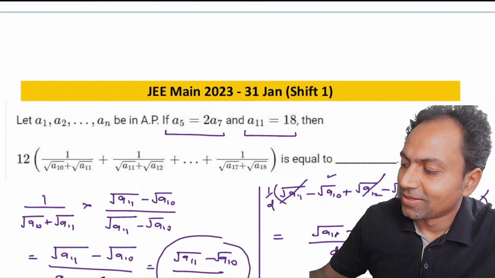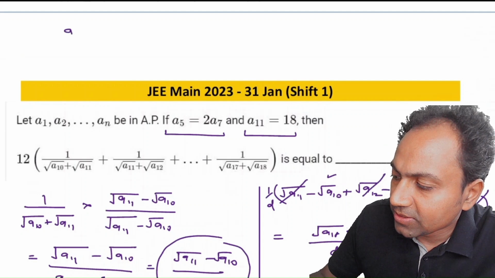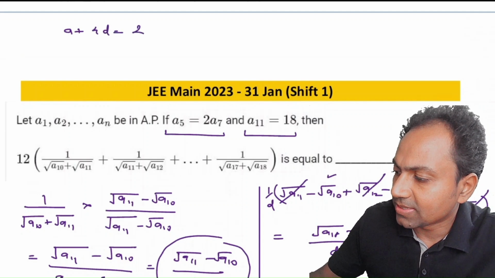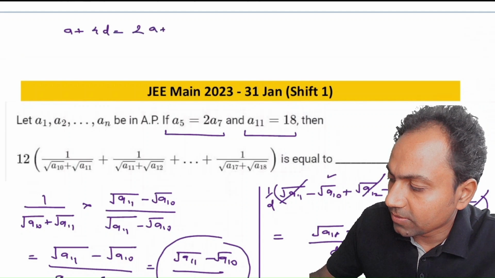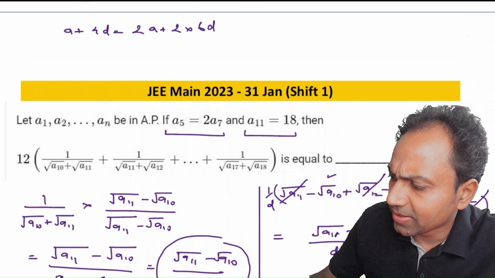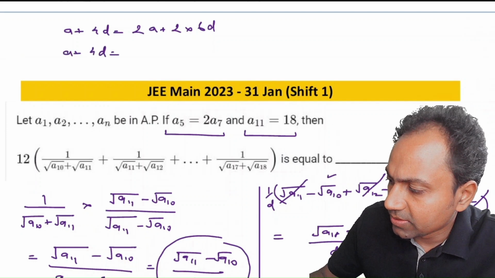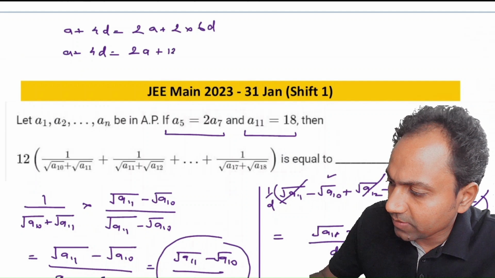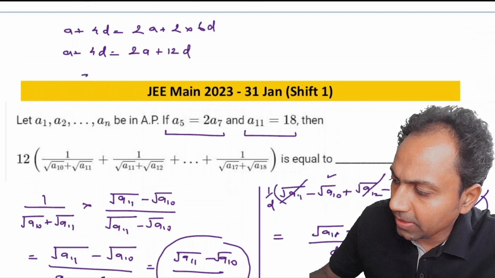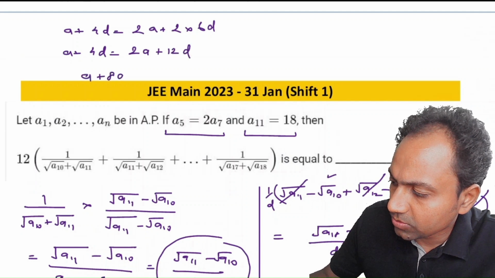Let us do that. So if I write my condition, A5 is nothing but A plus 4D, and 2 times A7 is nothing but 2 times A plus 2 times 6D. And if I simplify this, it is A plus 4D is equal to 2A plus 12D, or A plus 8D will be equal to 0.